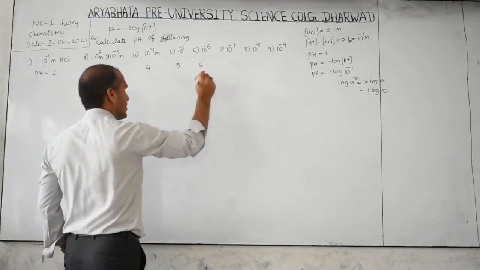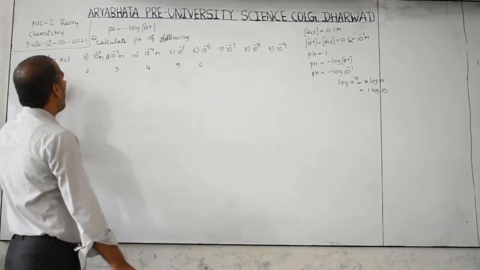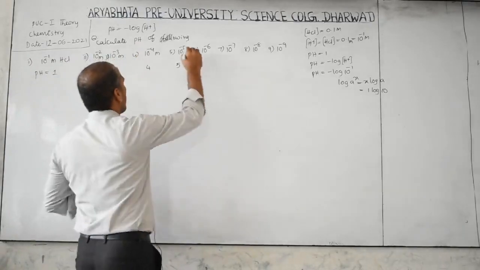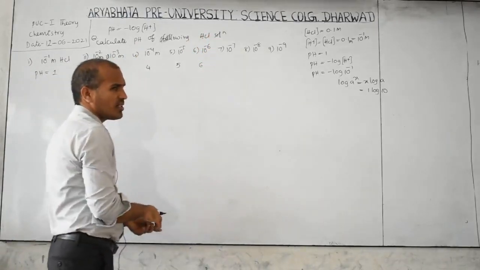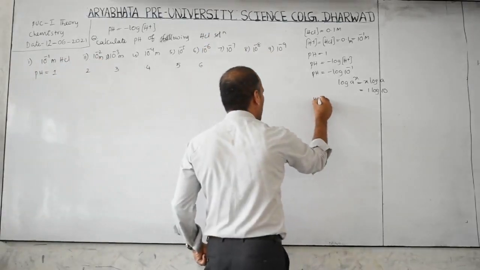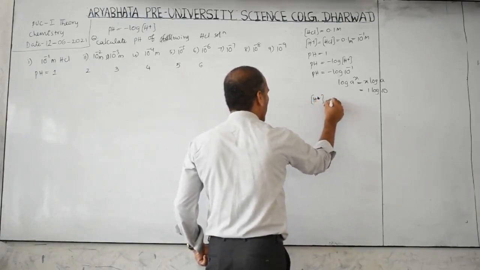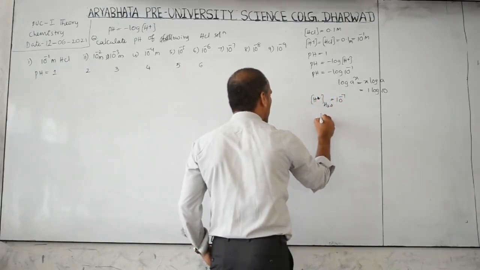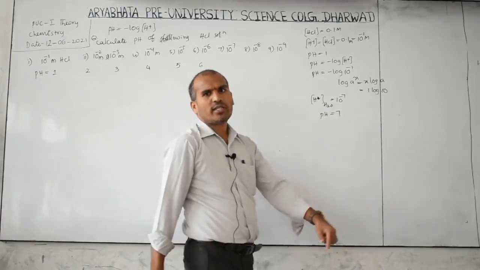Here 6. But what will some students think here? All are calculating the pH of the HCl solution. If water is there, the answer is different. If the H plus ion concentration of water is 10 power minus 7, it means pH is equal to 7, already shown in the pH scale.